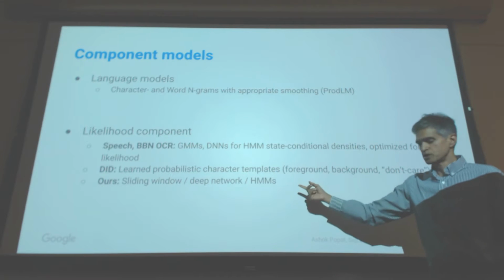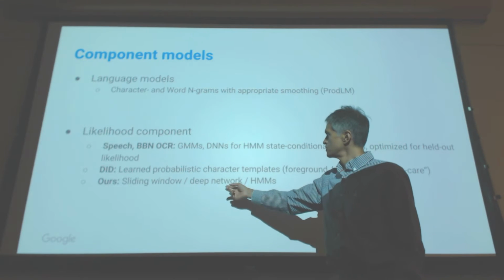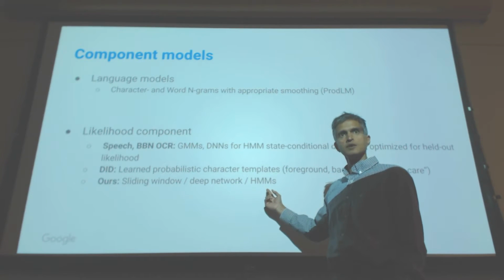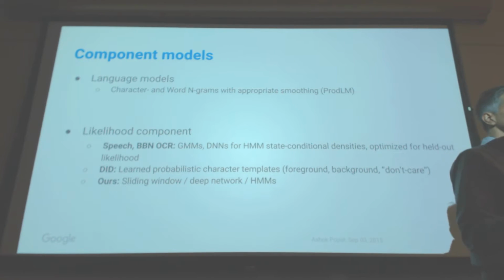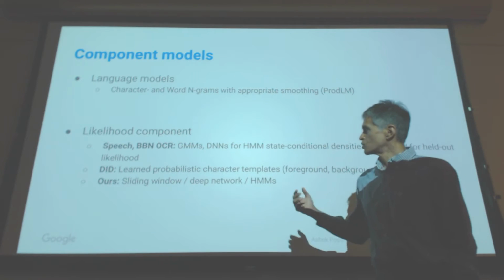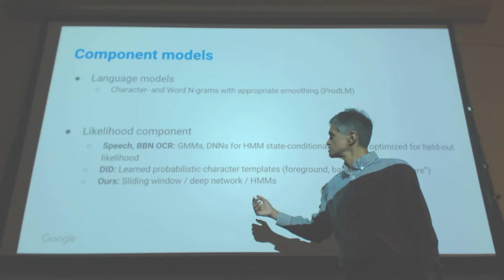So what we do is use a sliding window, a deep network, and an HMM. The deep network is our feature extraction. In speech, people typically use spectral features: you have a 10 or 20 millisecond window, and you compute some spectral signature, Mel-cepstral coefficients, and look at the power or something like that. Phase isn't that important there, but of course, for us, phase is important.